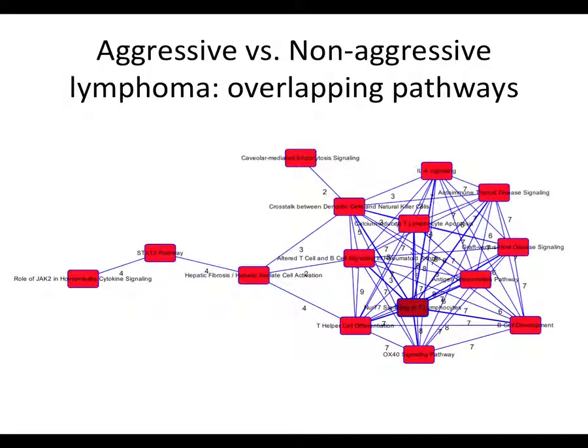And this just gives you an example. These are the pathways that came out of aggressive versus non-aggressive lymphoma, the genes that were different. You can see anything with a line shares genes with those pathways. Some of these share 8, 9, 7. Which pathway do you choose?